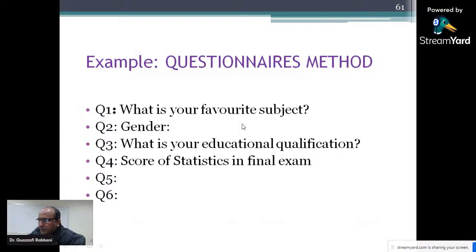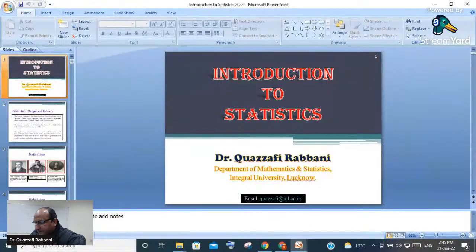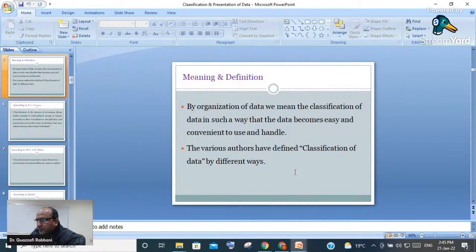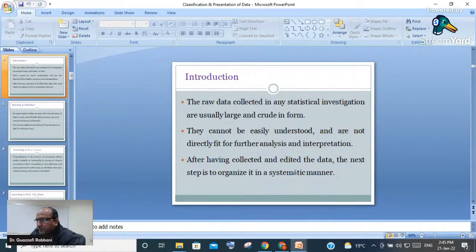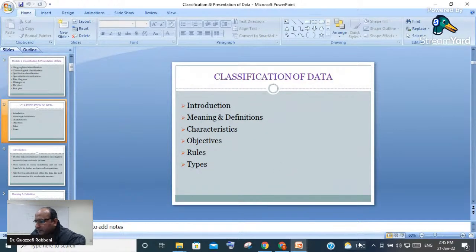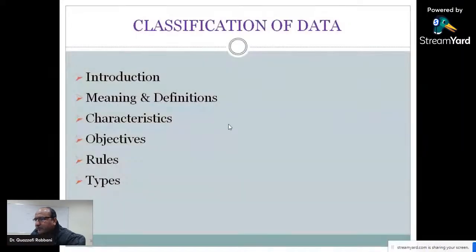Now come to the next. The next definition of statistics was collection of data. So we have already discussed the collection of data so far.